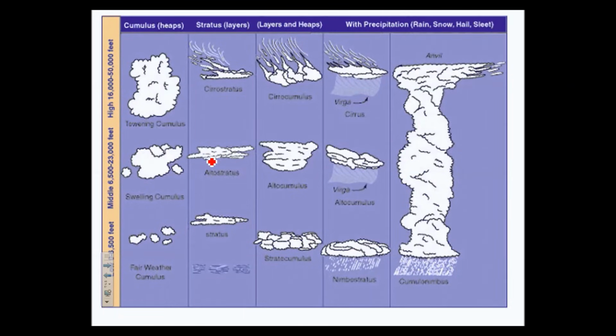Altos, we have altostratus, middle level layered, altocumulus, middle level puffy or vertically developed. Again, this one has Virga with it. Then we have our stratus, our low-level layered cloud. Our stratocumulus, our low-level puffy cloud.